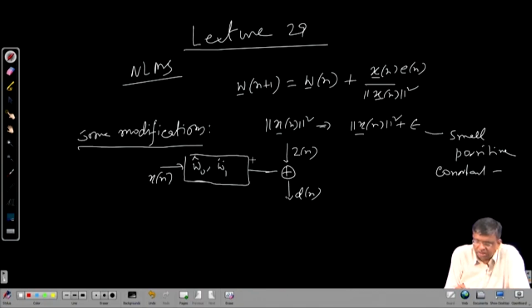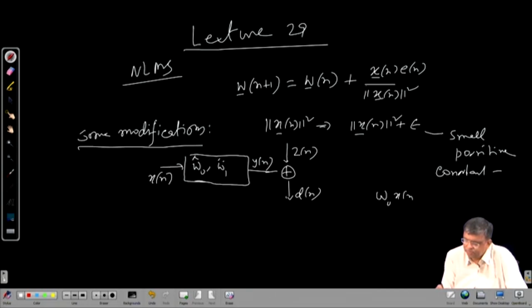Let this be y(n), but y(n) is not observable to us. What is observable is d(n), whatever is coming out of the system, which is mixed with noise. So, since we do not know these coefficients, let us assume general weight variables: w0 x(n) plus w1 x(n minus 1).